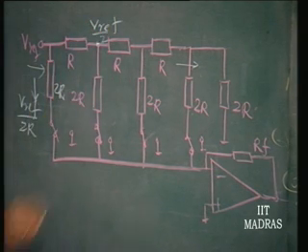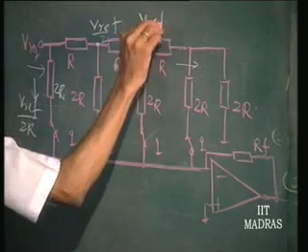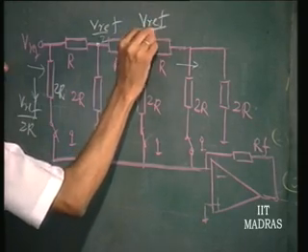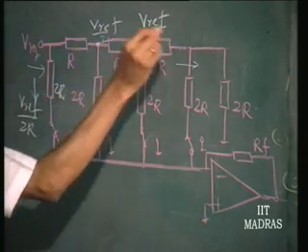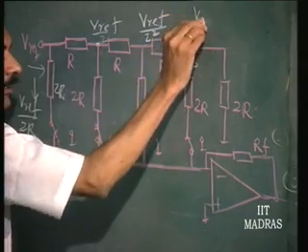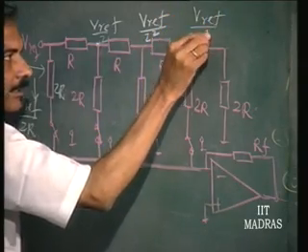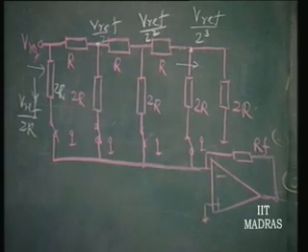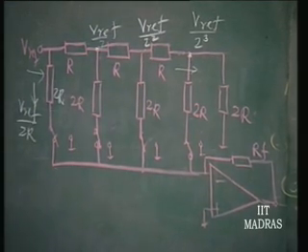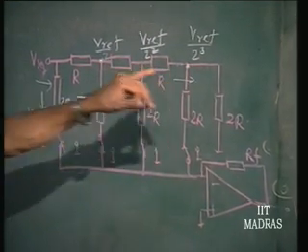This is going to be V reference by 2 to the power 2. So, at all these nodes you will get the so-called weighted voltages necessary for summing up.